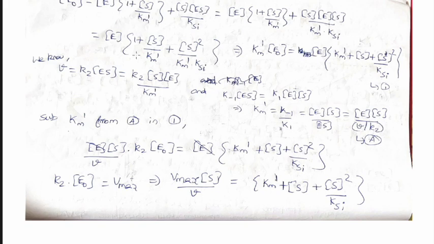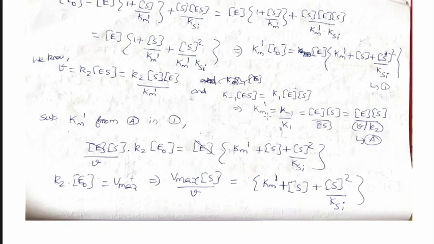Then we see 1 plus S by Km dash plus S square by Km dash into KSI. Next we take the LCM and multiply throughout by Km dash. So Km dash into E naught equal to E into Km dash plus S square by KSI. This is equation 1. So we know V is equal to the rate of product formation, which is equal to K2 into ES. So that is equal to K2 into S into E by Km dash.